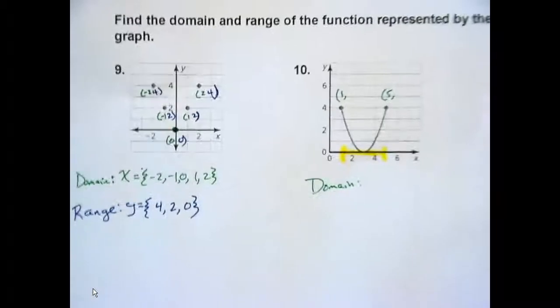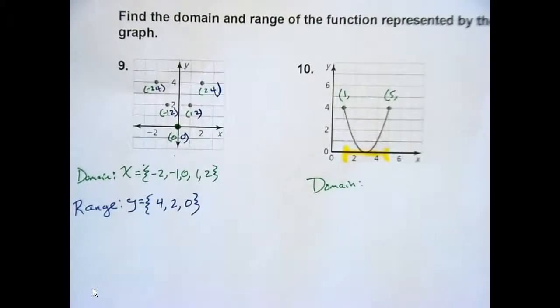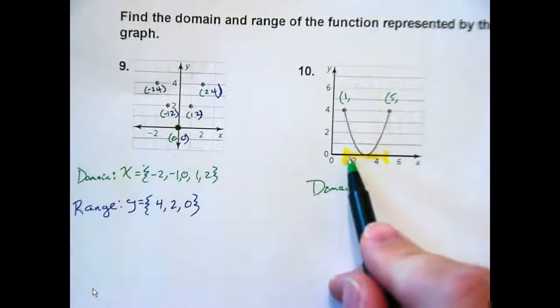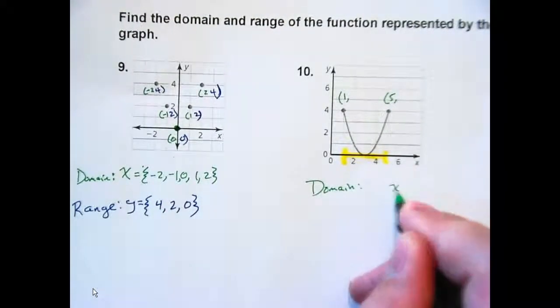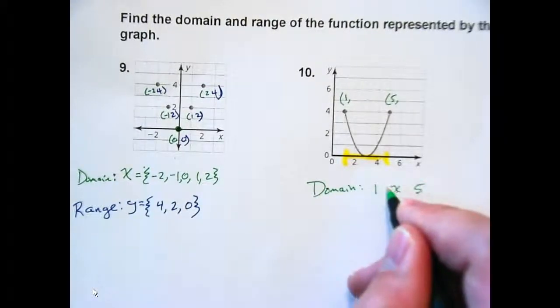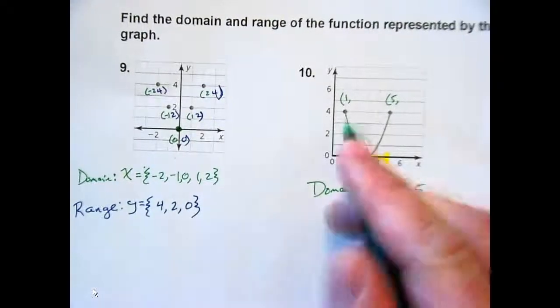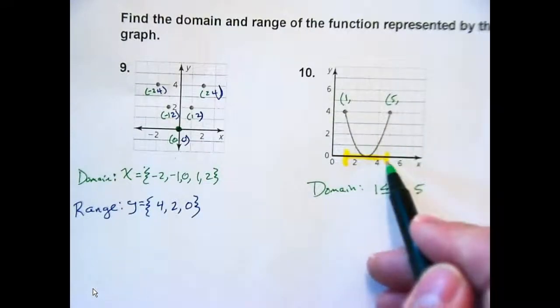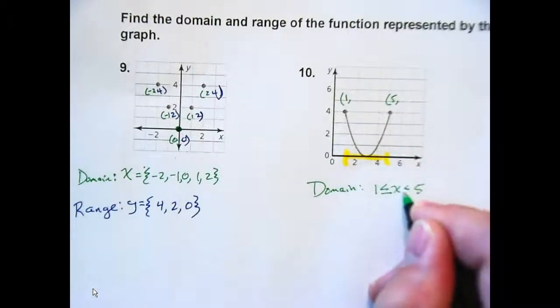Really, that's what you're doing with the x-axis. It's like having 2 rulers you set down on your table. One's x, one's y. My measuring stick says, well, x goes from 1 to 5. It's bigger than or equal to 1, because of the filled dot, and it's less than or equal to 5.